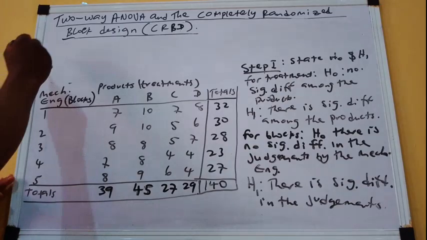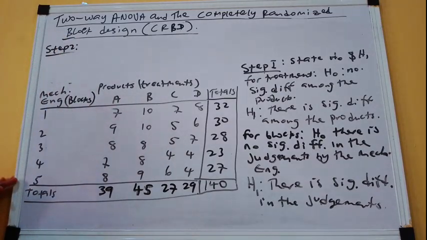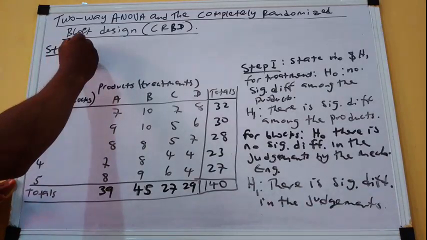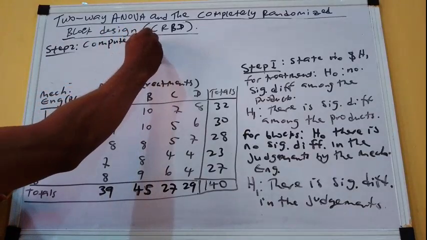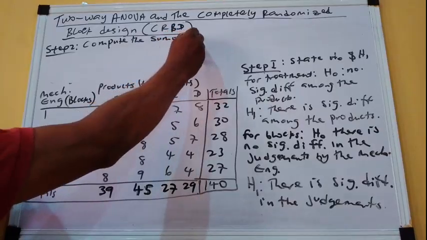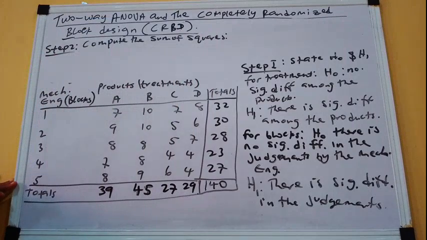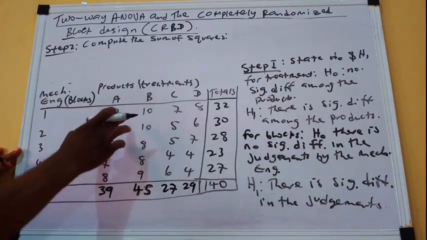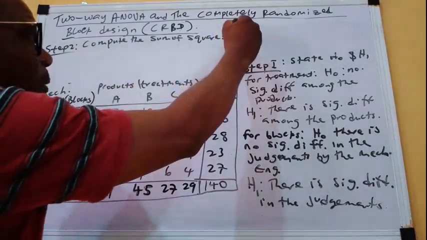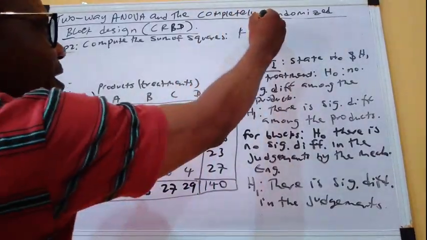Now this takes us to step 2. We have to compute the sum of squares. The first thing we are calculating here: for this particular problem, note the number of treatments is K. Our K is 1, 2, 3, 4, so K is 4.